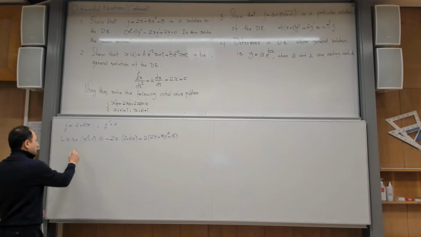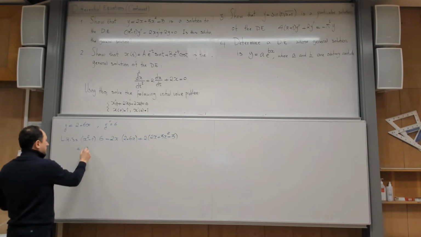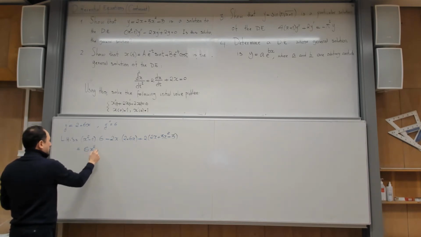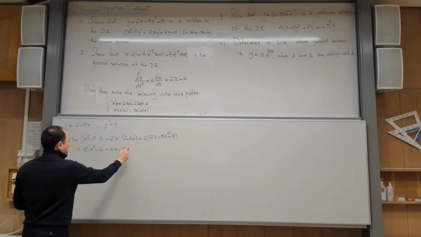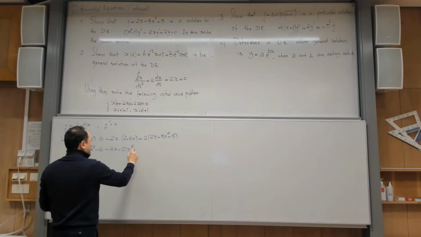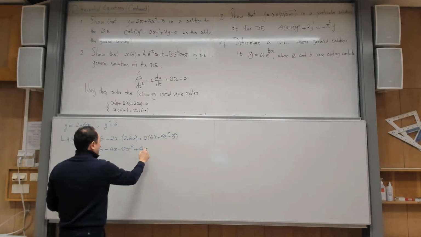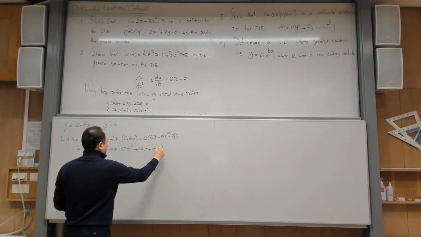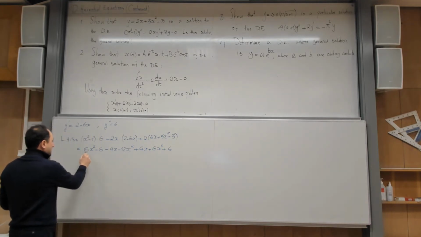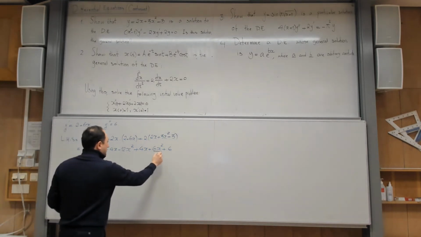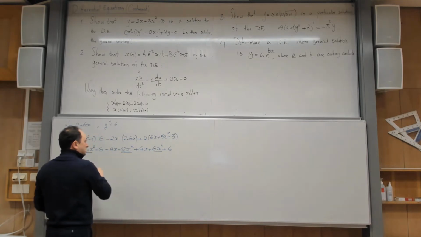So I multiply 6 in, then it becomes minus 4x minus 12x squared, then you get 4x plus 6x squared plus 6. And then hopefully you see that 6x squared, another 6x squared, 12x squared, and this is negative.